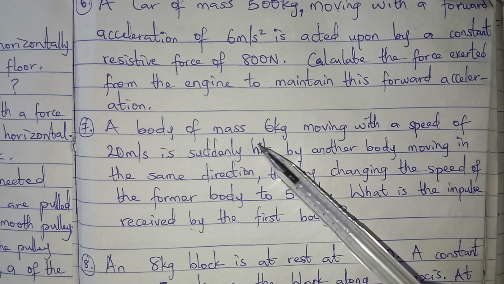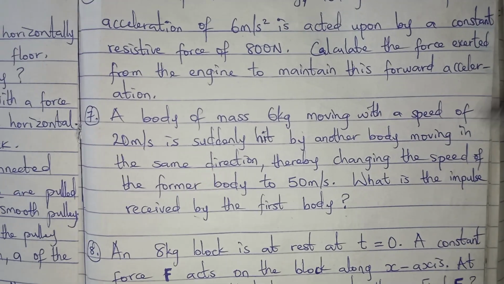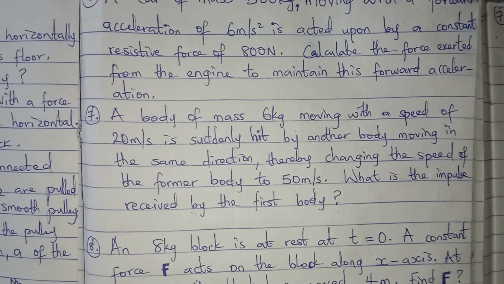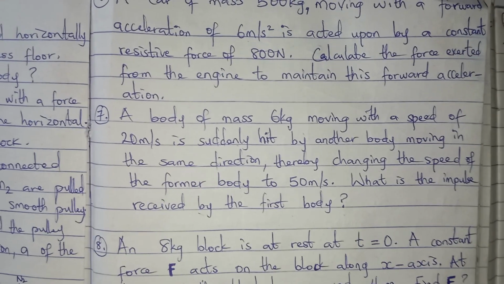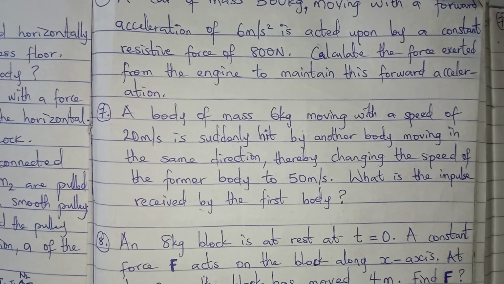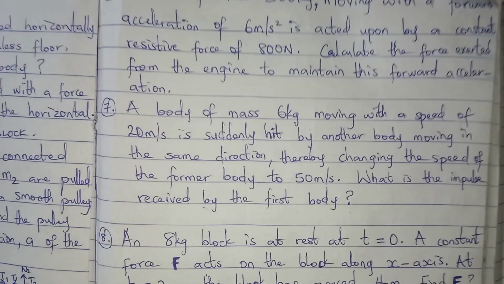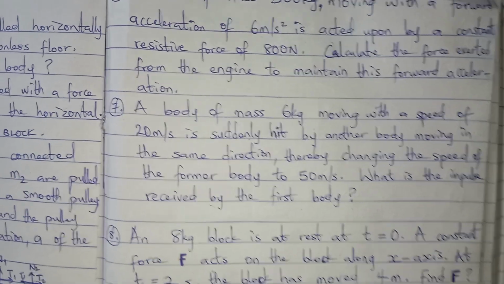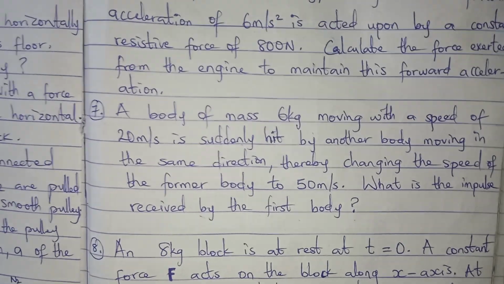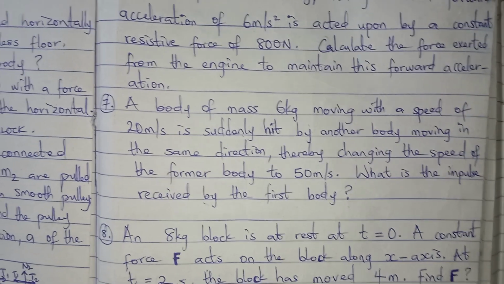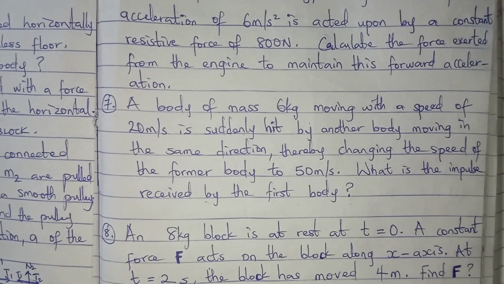So this one says a body of mass 6 kg with a speed, or you say with a velocity, whichever way, always see it as the same thing, of 20 meters per second, is suddenly hit by another body moving in the same direction. That means the body that hits it, hits it from behind, because for it to be moving in the same direction, it means it's from behind.